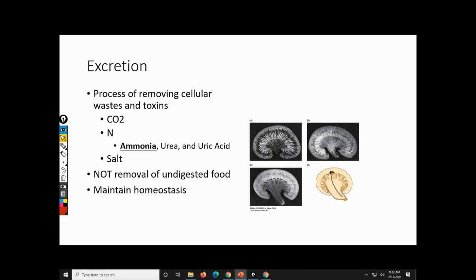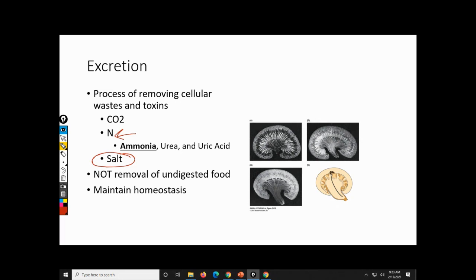So as you might imagine, this is getting rid of salt and water, but it's getting rid of other wastes as well. In particular, we're getting rid of some carbon dioxide. But importantly, we're getting rid of nitrogenous waste. And this is one of the main routes out of your body that in addition to salt, we're also going to get rid of nitrogenous waste.